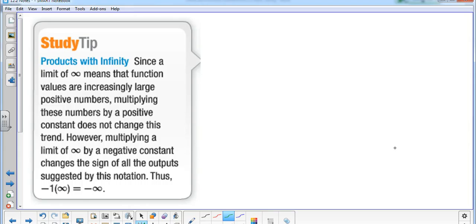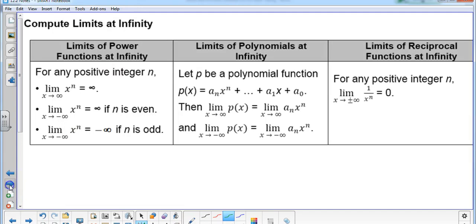We've already talked about this. It just says if you had a negative coefficient, it flips it around and it makes it approach negative infinity. Anyway, we're going to go on here. The limit, we talked about this one already. This is the polynomial business, that it refers to the highest power.